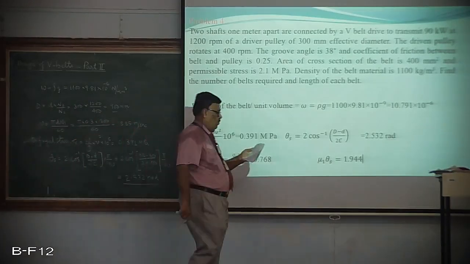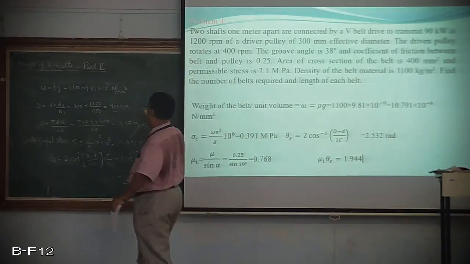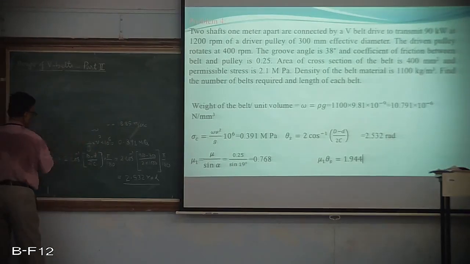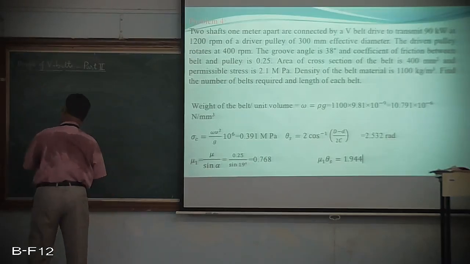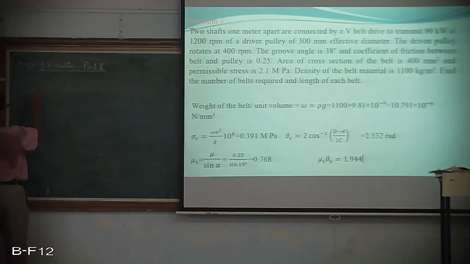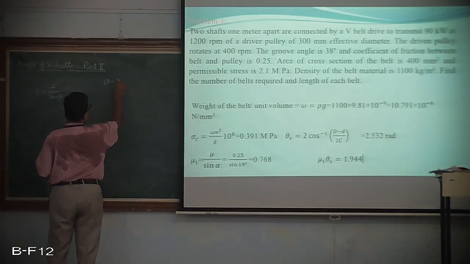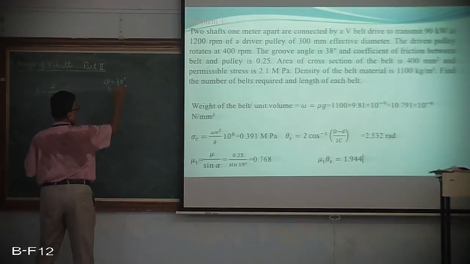Using this, now let me calculate the coefficient of friction, which is given, but for V belts we need to consider the influence of the groove angle. Therefore, the coefficient of friction is given by f upon sine of beta. Since here 2 beta is given as 38 degree, the groove angle beta is 90 degree.